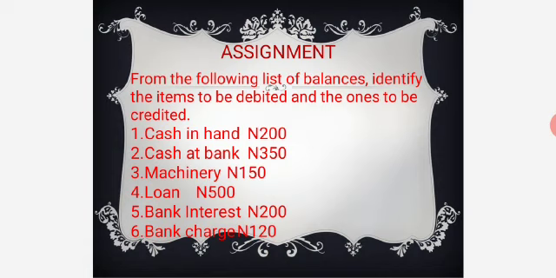And this will mess up the whole account of an organization. So with the help of the trial balance, such errors are identified and corrected before these final accounts are prepared. Students are also advised to get acquainted with the rules guiding the preparation of trial balance, so they will be able to know the items to debit and the ones to be credited.